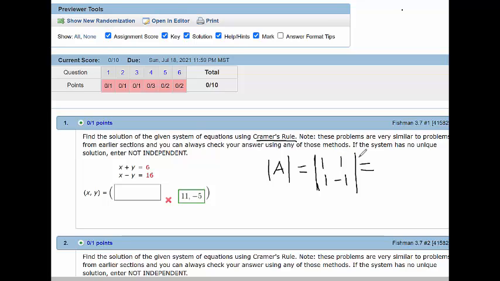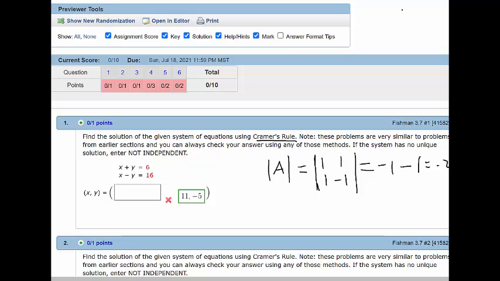1 times -1 is -1 minus 1 times 1. This is -2. So -2 is my determinant value.